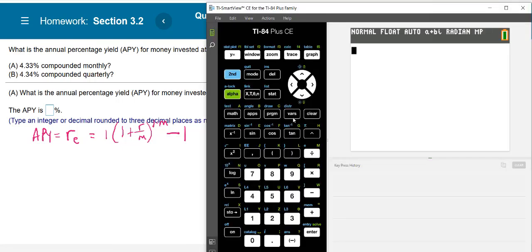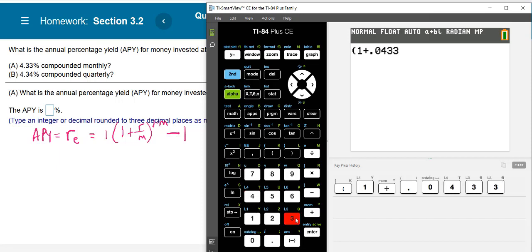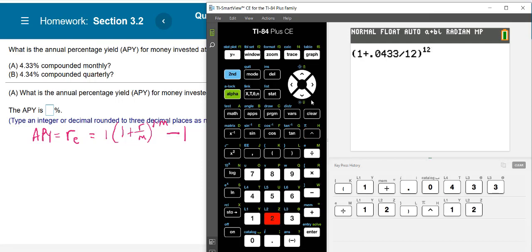For 4.33% compounded monthly, we would have the 1 plus 0.0433, 4.33%, divided by 12, with an exponent of 1 times 12, and minus the 1.